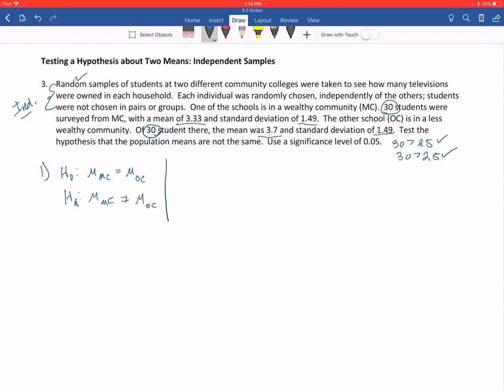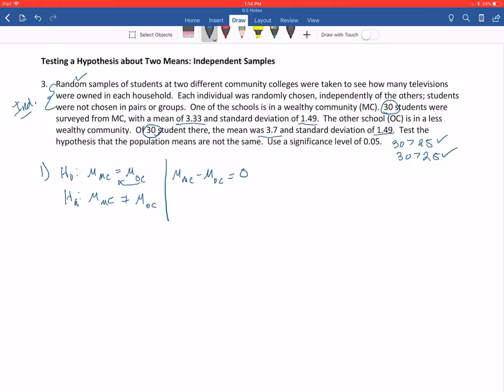Just as a note, that is not how it's going to show up in StatCrunch though. In StatCrunch, because when you're comparing two numbers, it's all on the difference, they will write all of these as the subtraction version. So instead, this one will be written as this minus this. And if I move this over here, then it's going to equal nothing on the right.